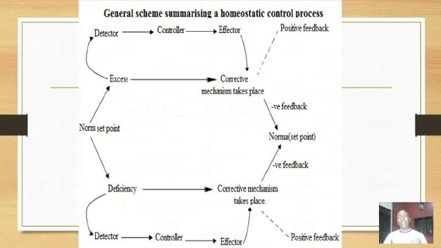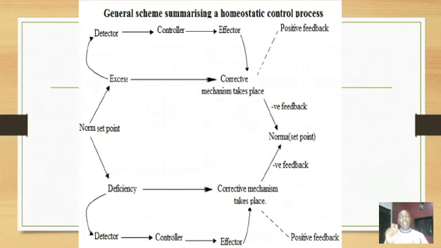Therefore, when the detector notices an excess of a factor, a deviation from the norm, it informs the controller or the control center. What happens in the control center? Information is then sent to the effector. But this is information to bring about a corrective mechanism. Which corrective mechanism should lower that factor back to the norm?